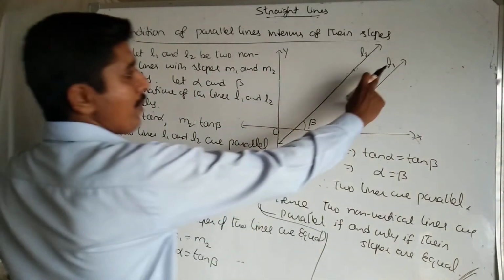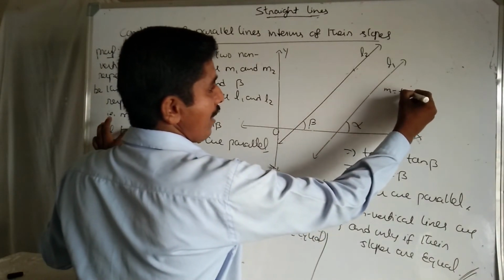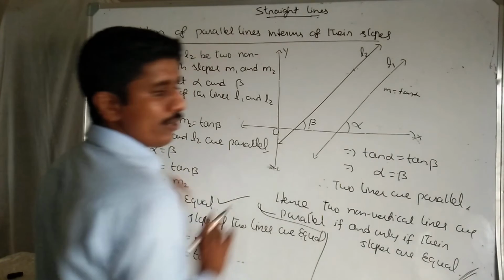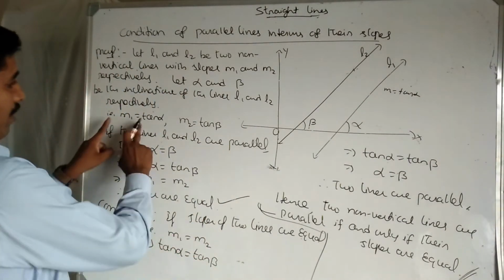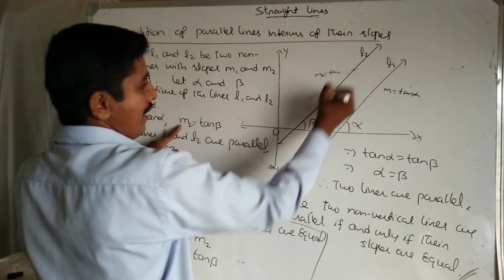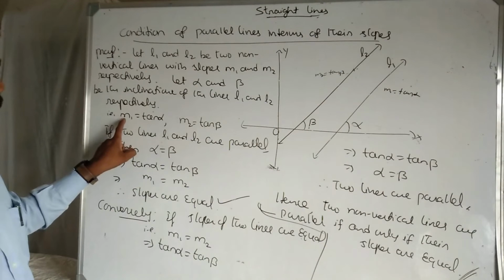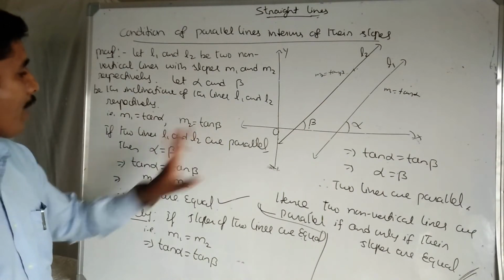Then the slope of the line L1, denoted M1, equals tan alpha, since the inclination is alpha. The slope of the line L2, denoted M2, equals tan beta. That means M1 equals tan alpha and M2 equals tan beta.